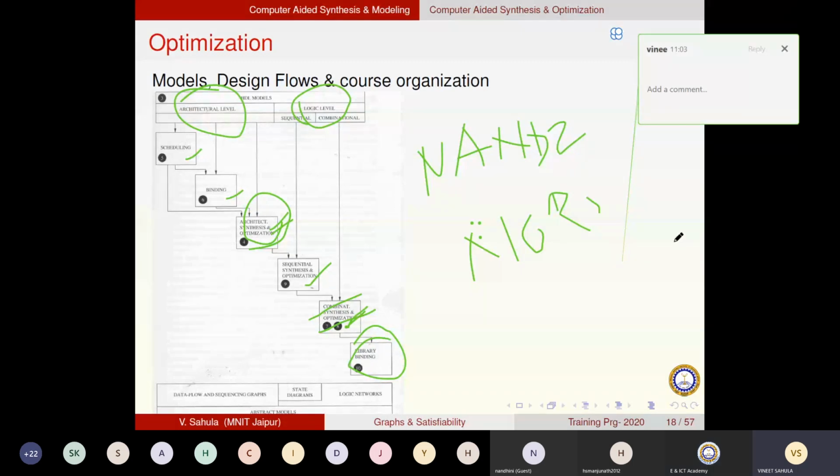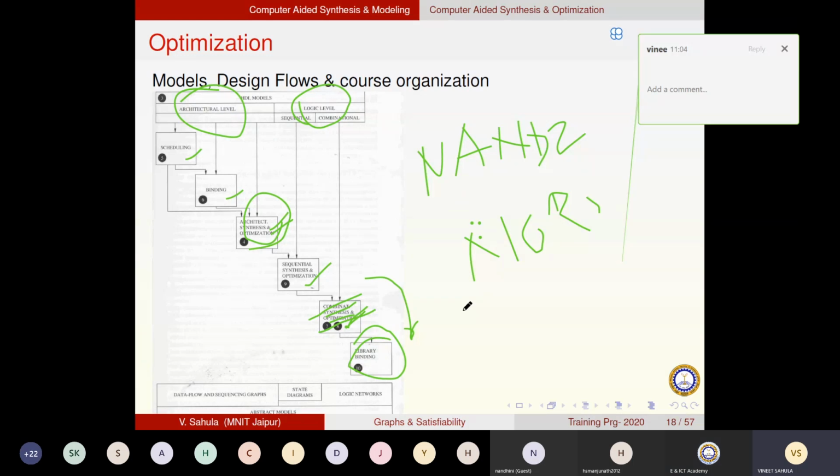So I will store all these layouts of basic gates and the higher groups of gates, to the extent possible, in my library. And at the logic synthesis level, they are not replaced by layouts. Replacing all gates or groups of gates one by one by the layouts, looking at the library, is called library binding.